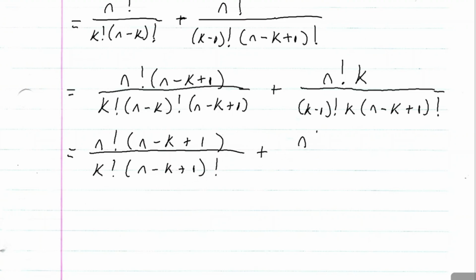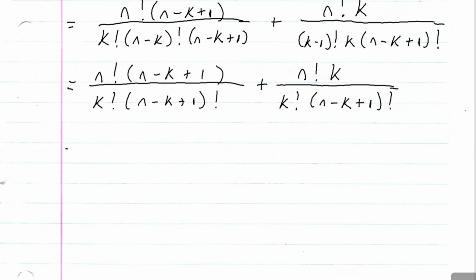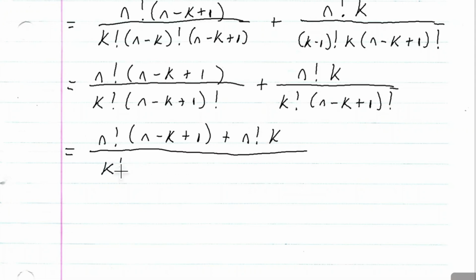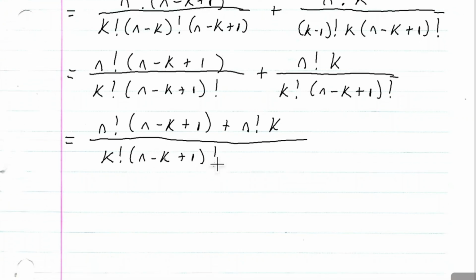And then this will give me n factorial k all over k minus 1 factorial times k, which is just k factorial, and then I have the n minus k plus 1 factorial, giving me that common denominator. So now I can combine the numerator. So this is n factorial times n minus k plus 1 plus n factorial times k, all over k factorial n minus k plus 1 factorial.